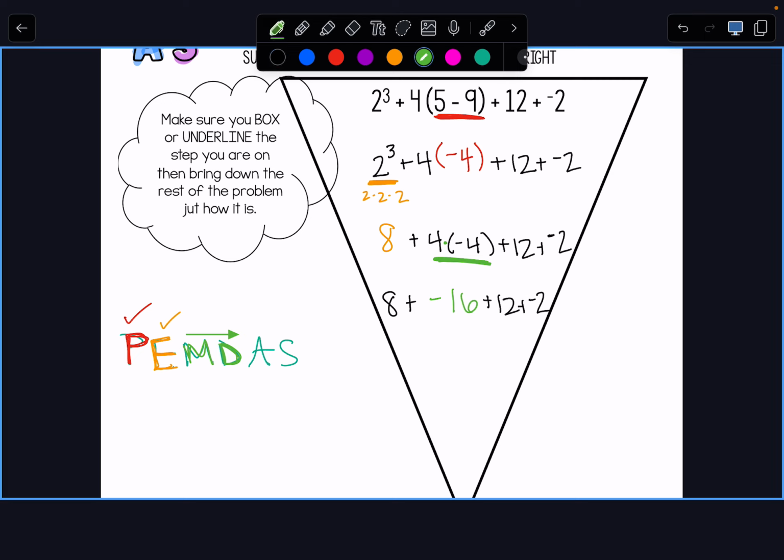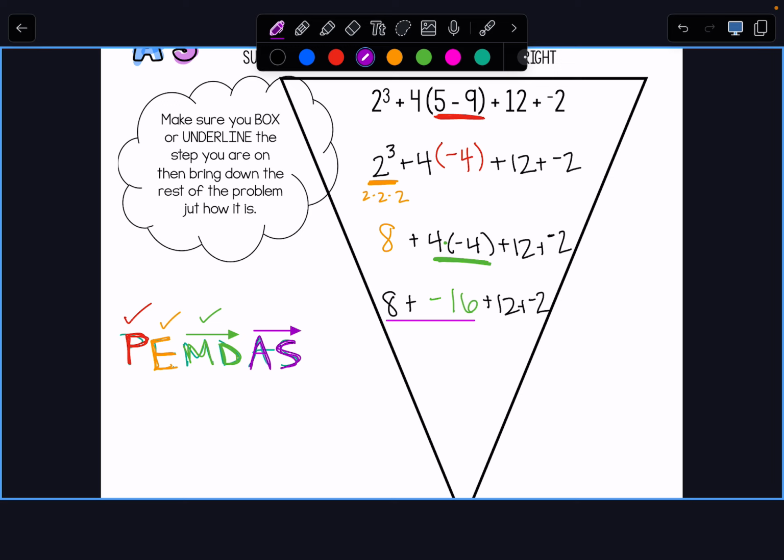All right, we've done our multiplication and division. Now we have addition, well, really just addition. And remember, when we do our addition and subtraction, we need to go from left to right. So from left to right, here's addition. What's 8 plus negative 16?